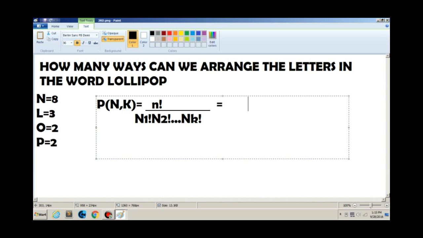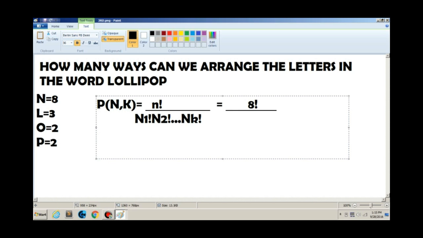So this would look like 8 factorial over n1, the first letter which is repeating.